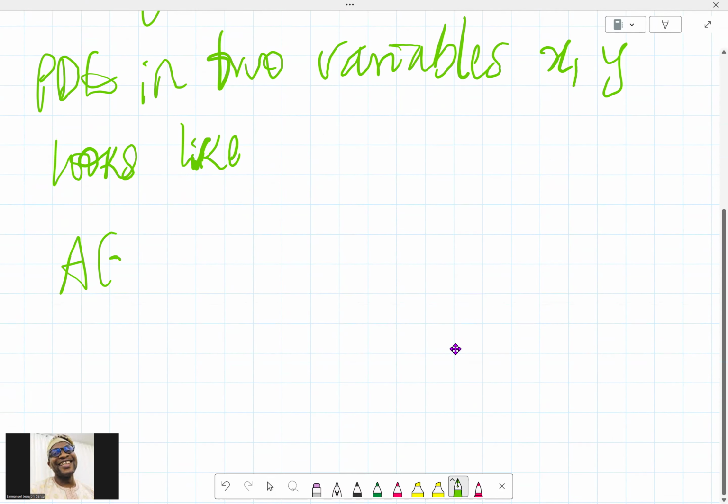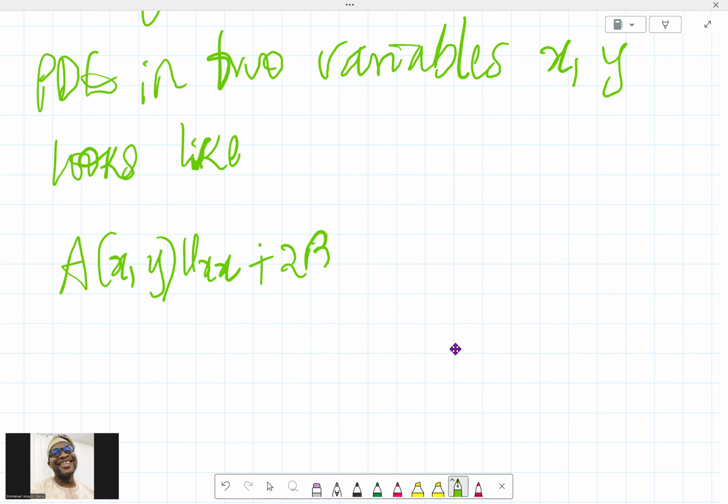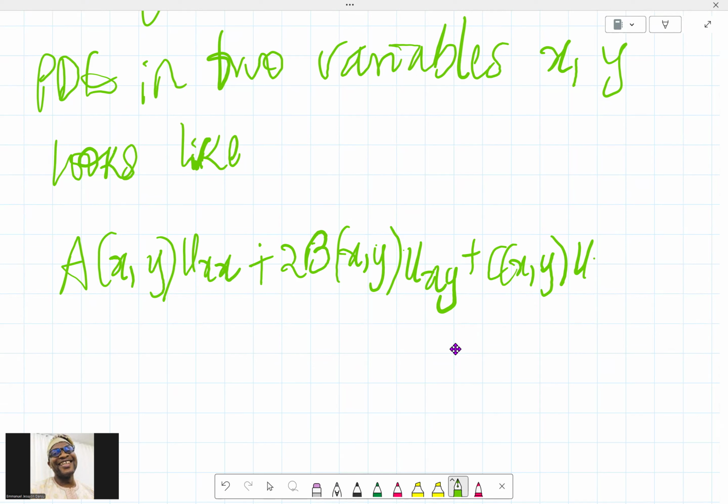It's a of x comma y uxx, that's partial squared u partial x squared, plus 2b of x, y uxy, that's partial squared u partial x partial y, plus c of x, y uyy, that is partial squared u partial y squared.